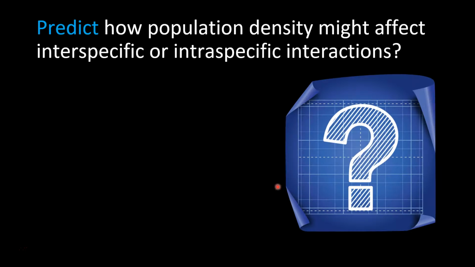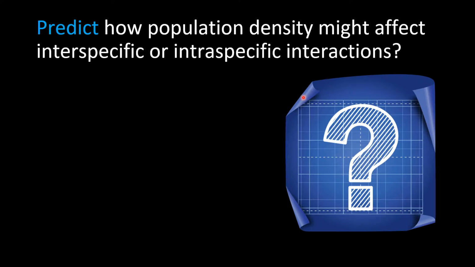So the question is, how might population density affect interspecific or intraspecific interaction? Population density, remember we talked about clumped, uniform, and random patterns, and also how many there are, not just those different patterns.